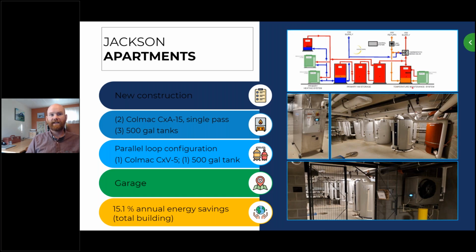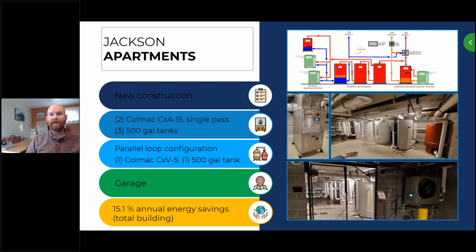And we also have a dedicated temperature maintenance system here, because this is a large multifamily building serving close to 200 units here. We provided a hot water storage tank that the hot water return from our circulation system gets dumped into, and a multi-pass heat pump water heater connected to that storage tank to reheat those losses.